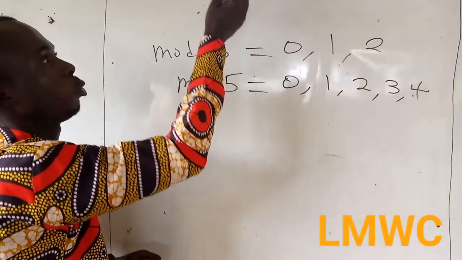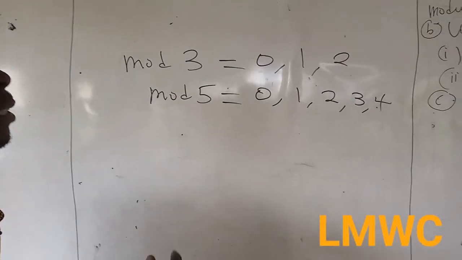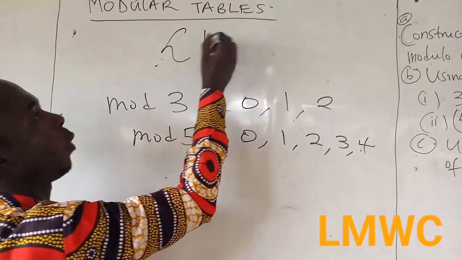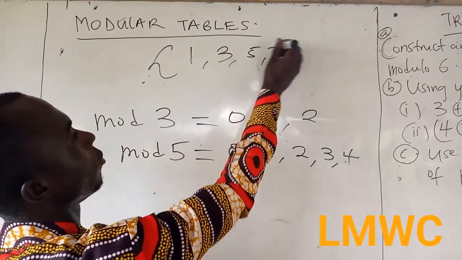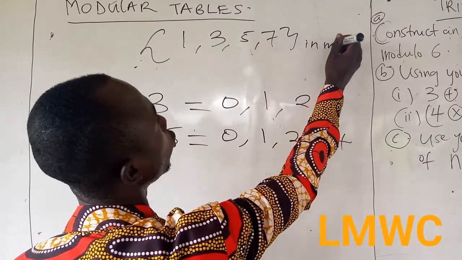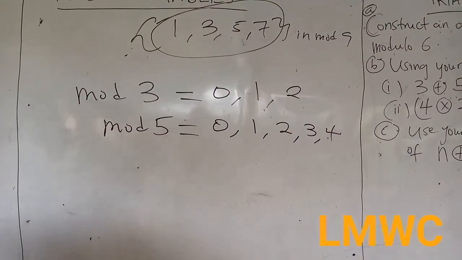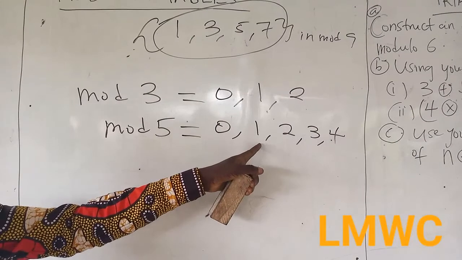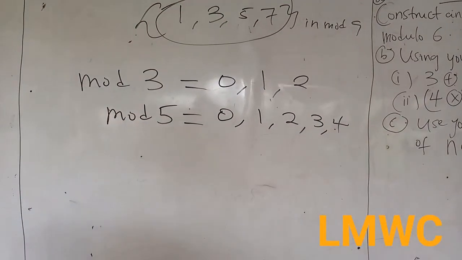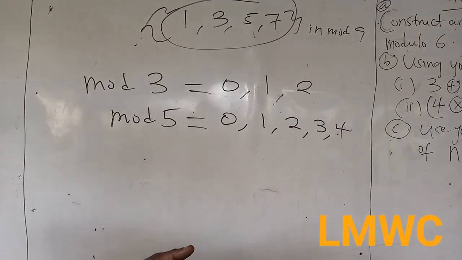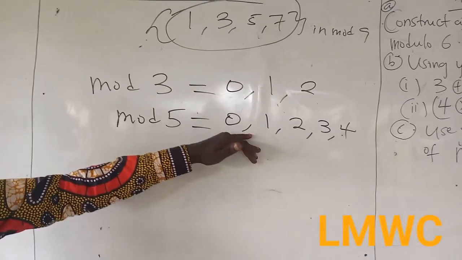If they ask you to draw an addition table using the set 1, 3, 5, 7 in mode 9, you should stick with this set of numbers. This time you cannot choose this. But if they write it as draw an addition table for mode 9, you follow this concept, that's 0 to 8.